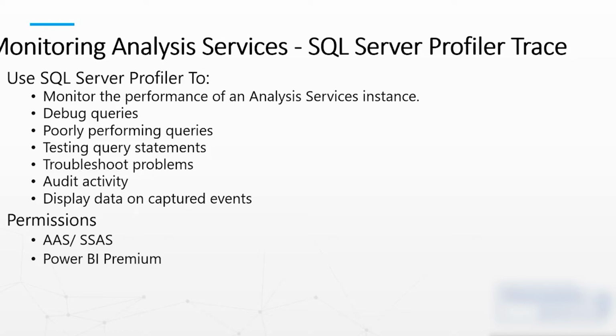For Power BI Premium, users can view traces only for databases in which they are a member of the database administrator role. And only those events that require database administrator permissions are available, and trace events requiring server administration permissions are not available for a Power BI Premium workspace.